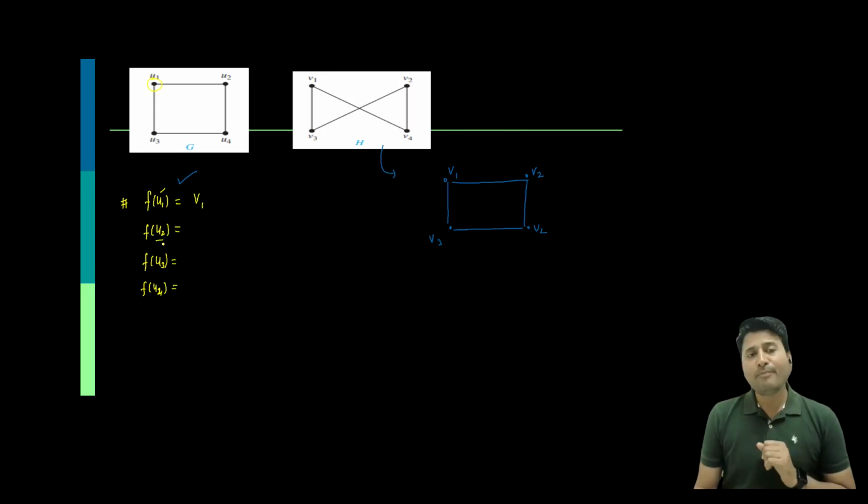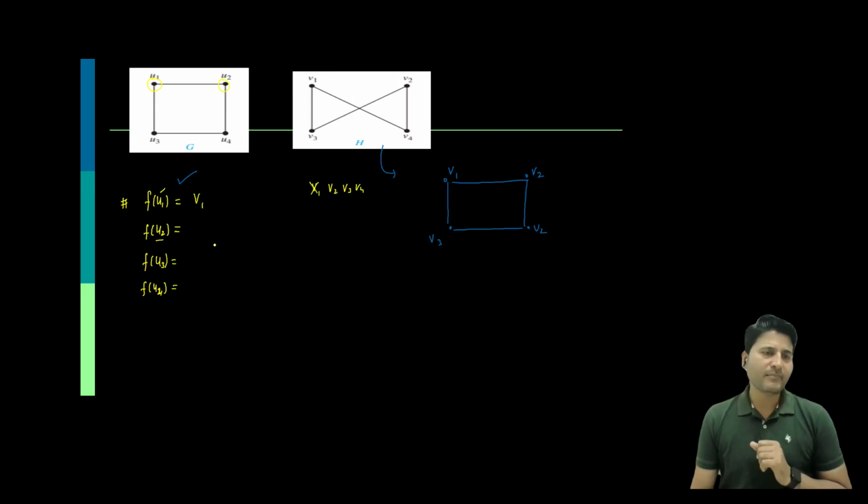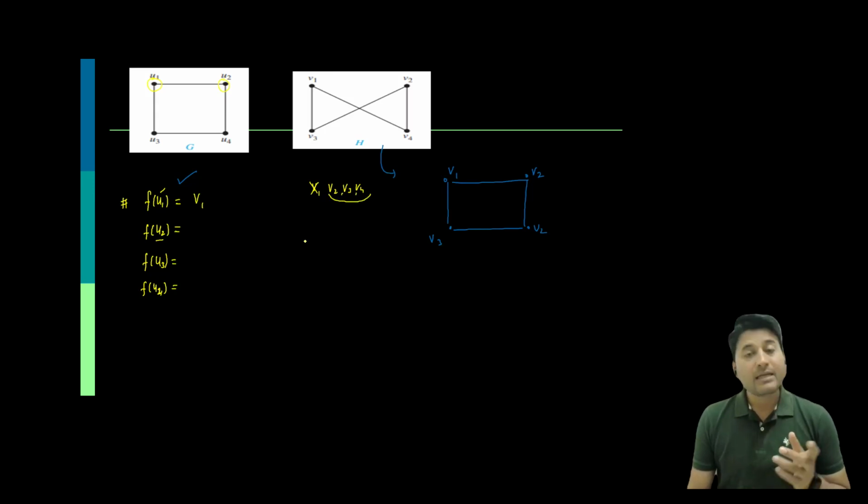Now we are supposed to map u2. u2 is also degree 2. Yes. Now, what is left in the second graph? We have v1, v2, v3, and v4. v1 is done. Now, u2 can be mapped with any of these three because they also have the same degree. Now, the important point comes into the picture.